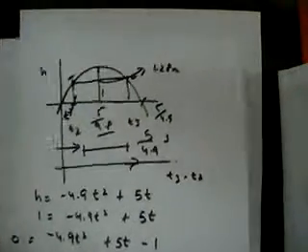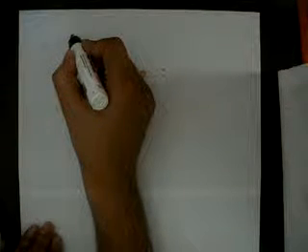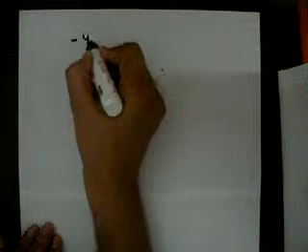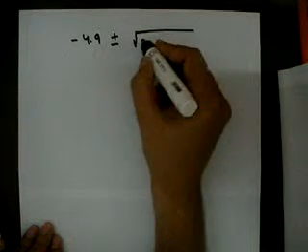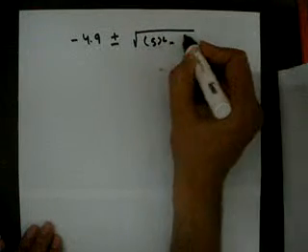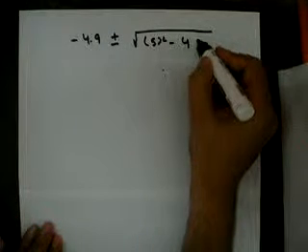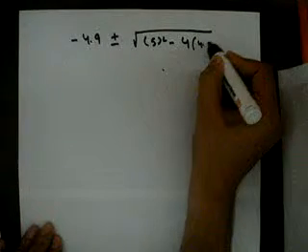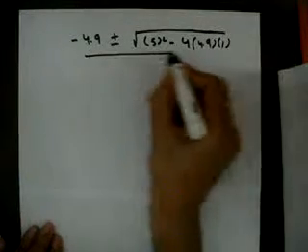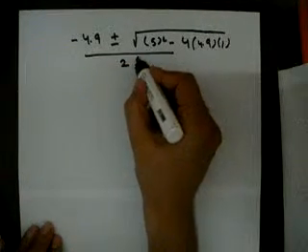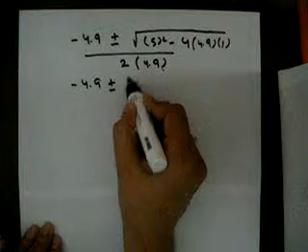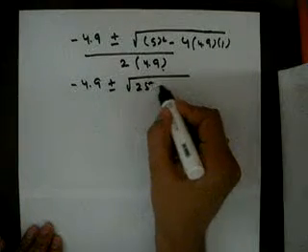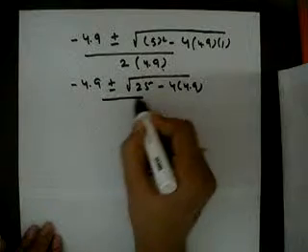So if I have to solve this by using this equation, I can get the value as 5 plus minus square root of b square, which is 5 square, minus 4 times a, which is 4.9, and c is 1, by 2 times a, and a is 4.9. So solving this, I get 5 plus minus square root of 25 minus 4 times 4.9 by 9.8.